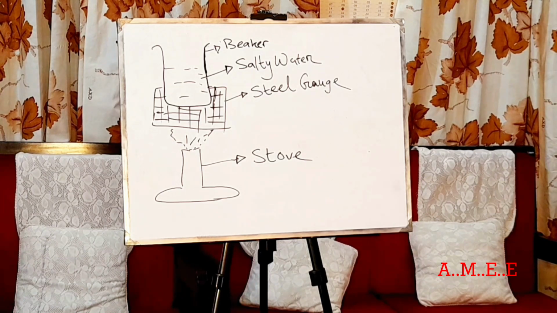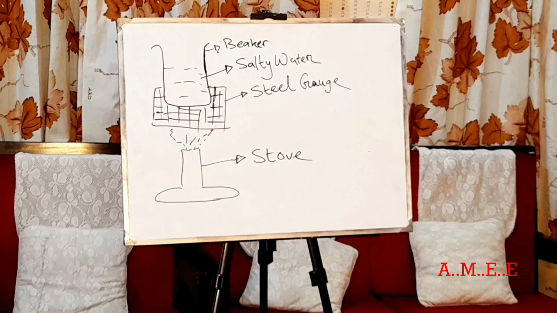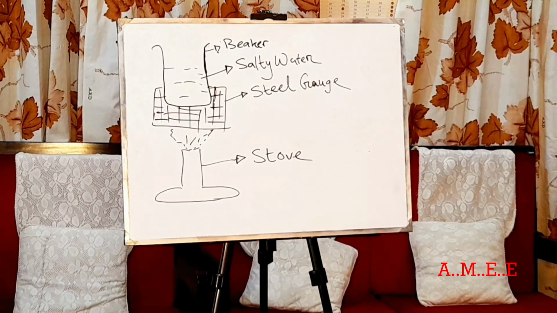Here the thing that is going on first is that after we have lighted the stove, the fire is heating the steel gauge. At the very beginning, the fire is heating the steel gauge, and then it is heating the salty water. Now imagine, after a certain period of time, the water from the salty water solution will disappear. Let me draw the second diagram.